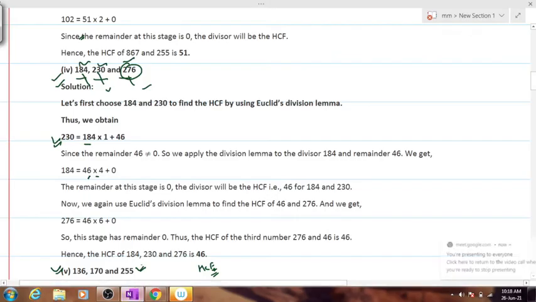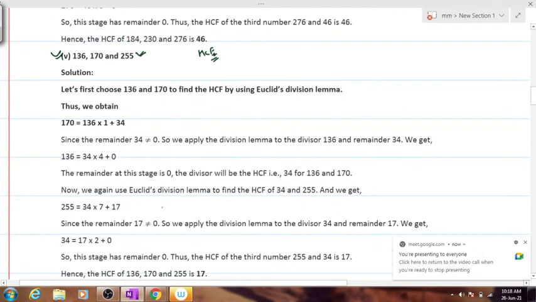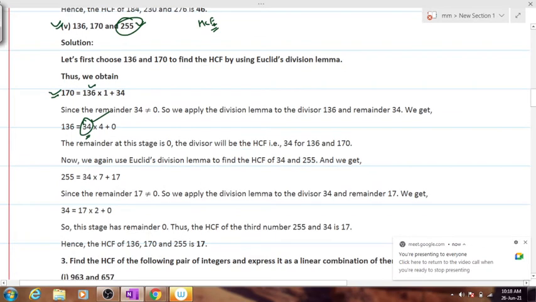I will go with 17 as the answer because it looks absolutely correct. Over here you get 34 for the HCF of 70, 170 and 136. The HCF will be 34, then again 34 and 225. The HCF will come out to be 17. Is this numerical clear to everyone? Confirm yes or no?